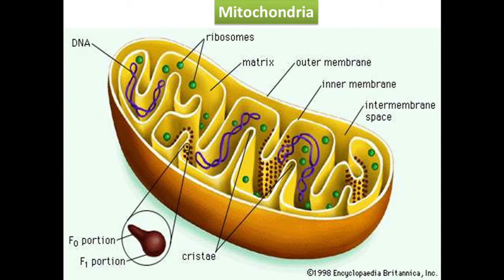From the previous section of Unit 2, we continue after the nucleus. Today we are going to see mitochondria. As we know, after the nucleus, the important cell organelle is mitochondria, and it is a much more important organelle of the cell in terms of metabolic activities.